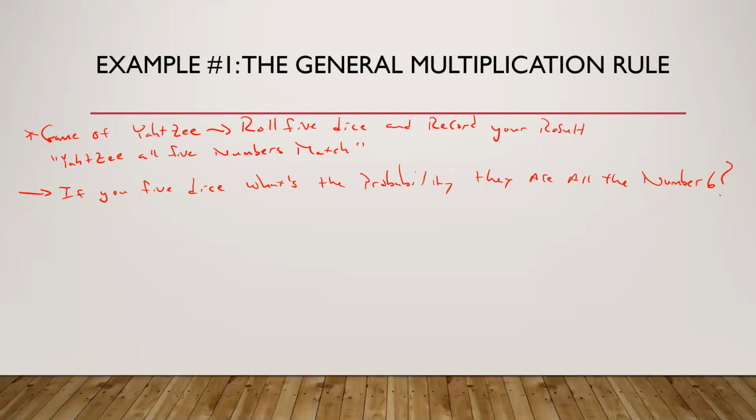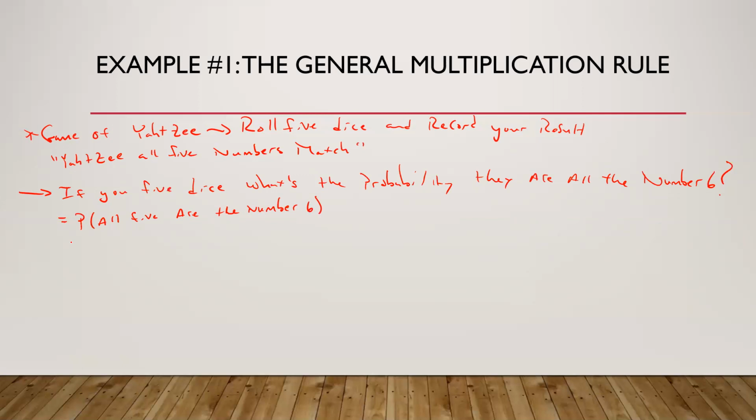When you get these harder ones, like now I've got 5 dice and I want them all to be the number 6, listen to how I say this. How you write the problem is incredibly important, because that tells you how to solve the problem. There's only 2 types of statements we know: and statements and or statements. So this is how I would tackle this problem. It's the probability that all 5 are the number 6.